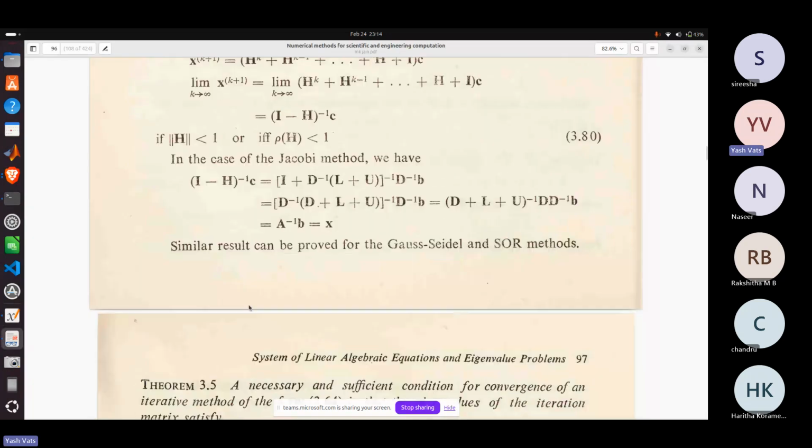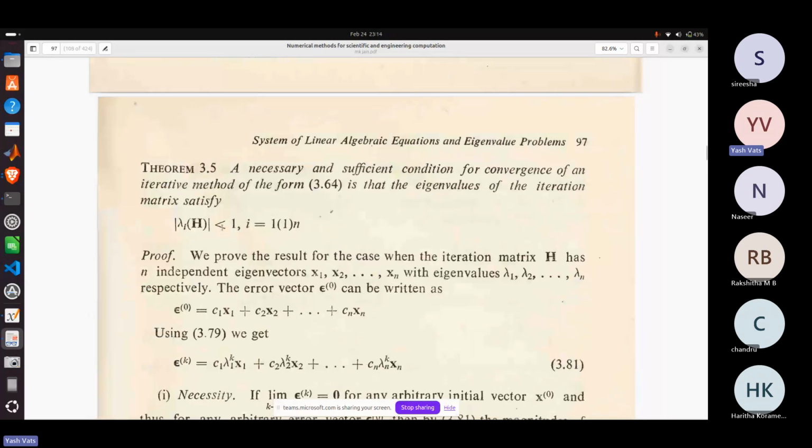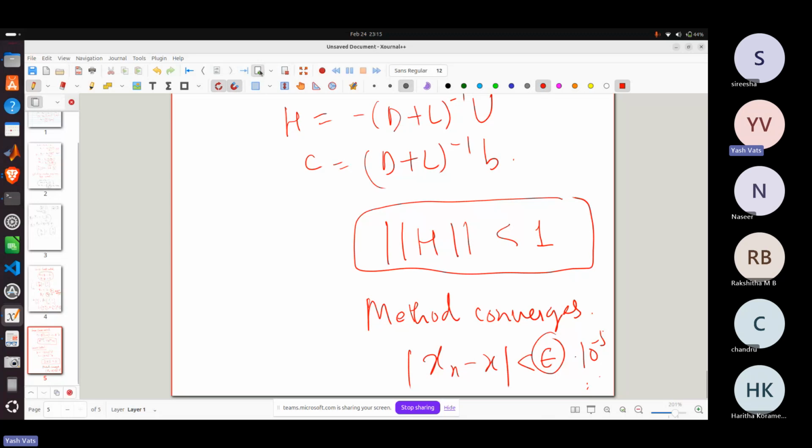And then there is another condition, which is necessary. If your method is converging, it should satisfy this condition. If it is satisfying this condition, your method is converging. So it's the other way around.